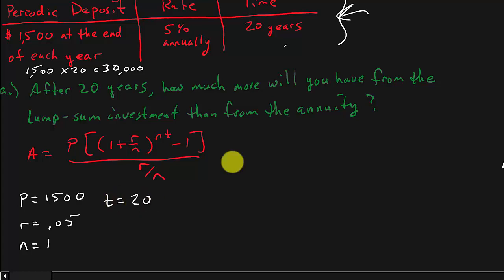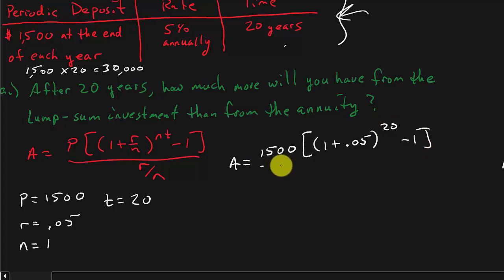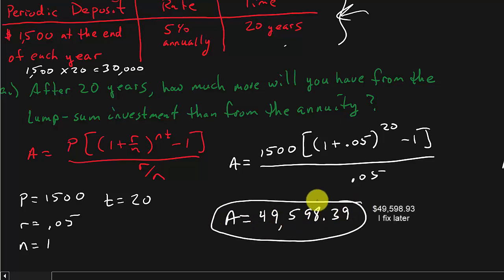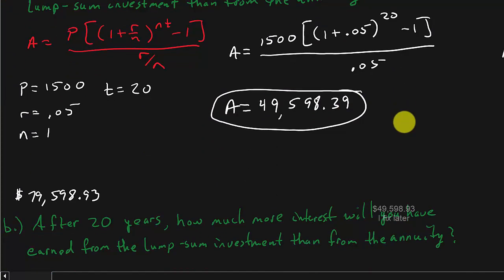And so I get A is equal to 1,500 times ((1 plus 0.05) raised to the 20, minus 1) over 0.05. And that comes out to be $49,598.39. So you can see that's quite a bit of difference.